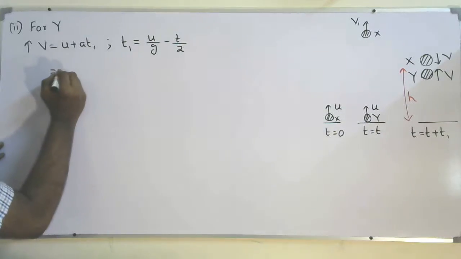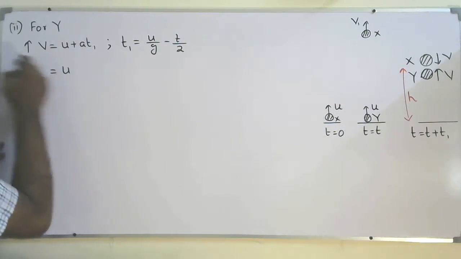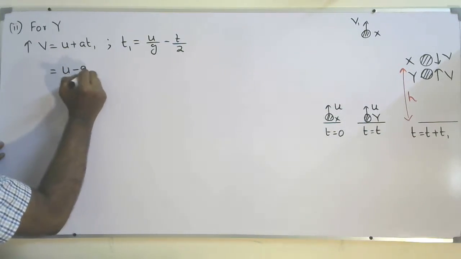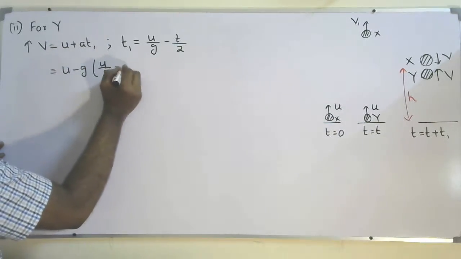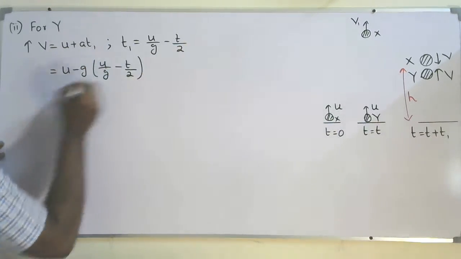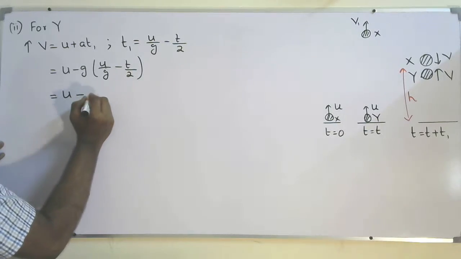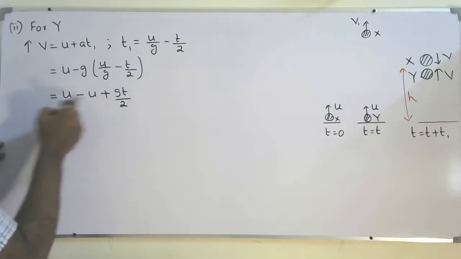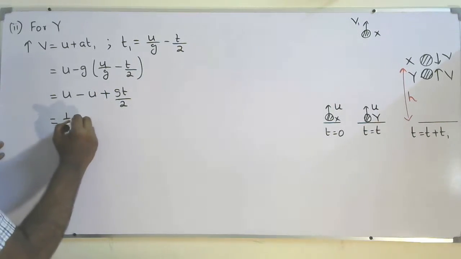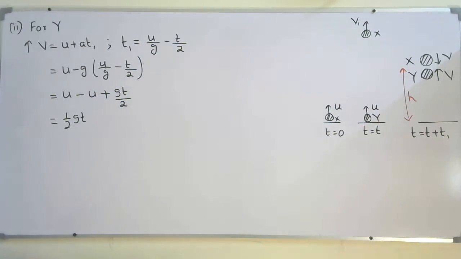So substitute this: u minus g, instead of t1 substitute u over g minus t by 2. Solve it. It will be u minus u plus gt by 2, so they will get cancelled, half gt. That's the answer for the speed just before collision for ball y.